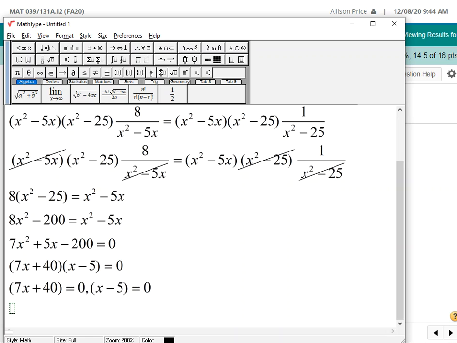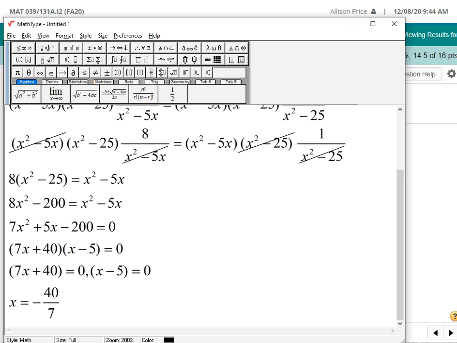This gives me 2 answers. To solve each of those, I get 7x equals negative 40, or x equals negative 40 over 7. Subtract the 40 and then divide by 7. The other one gives me x equals 5. A lot of times when I have 2 solutions like this, I do need to check them.